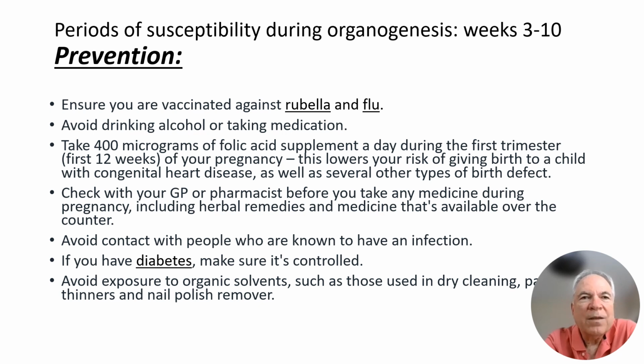They recommend taking folic acid to help lower the risk of giving birth to a child with congenital heart disease. Check with your doctor or pharmacist before you take any medicine during pregnancy. Avoid contact with people who have an infection. If you have diabetes, make sure that it's controlled, and avoid exposure to organic solvents, such as those used in dry cleaning, paint thinners, and nail polish remover.